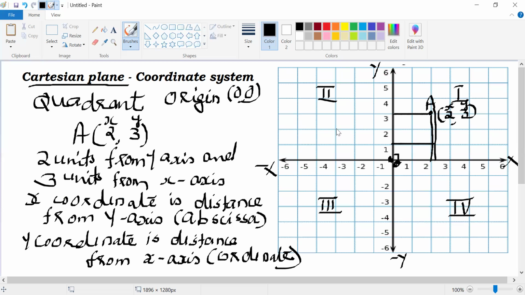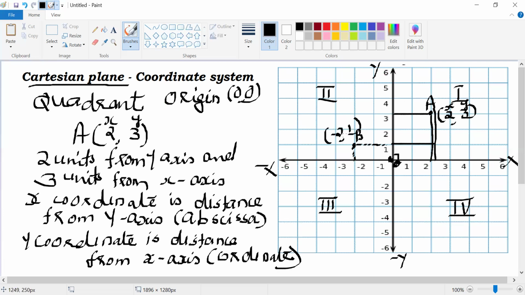Now, suppose I want to locate one point here. Let me mark it B. Its x coordinate is -2. Its y coordinate is +1. So the coordinates of B are (-2, 1).